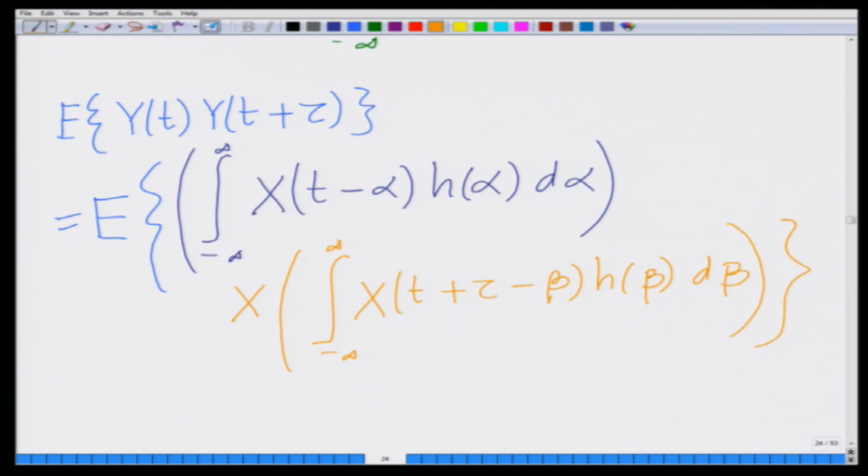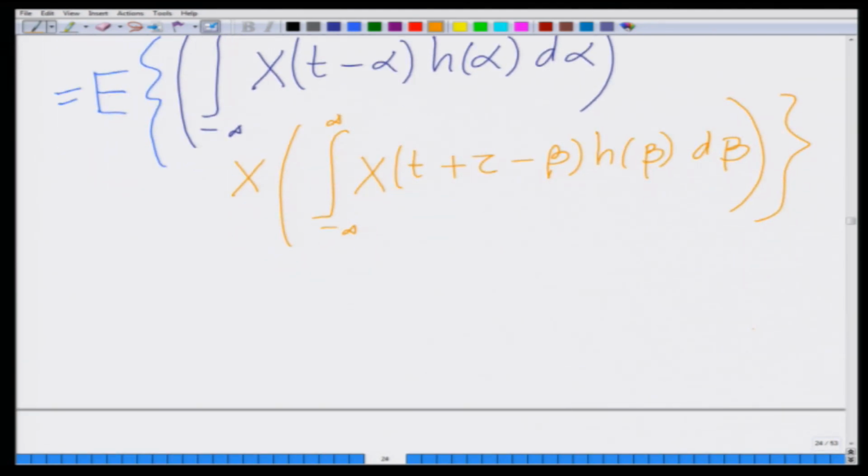I am simply substituting the expressions for y of t and y of t plus tau. Now the expectation operator is linear, so first I combine the two integrals.